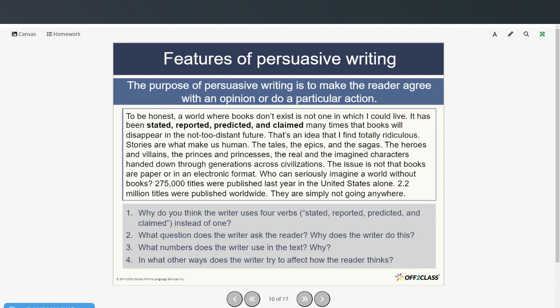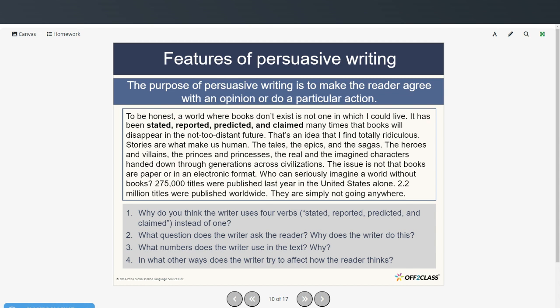Well, one thought might be that he wants to show there have been many people expressing opinions about books, and that this is a subject that has been well studied and well discussed in the past. And what question does the writer ask the reader, and why does he do it?